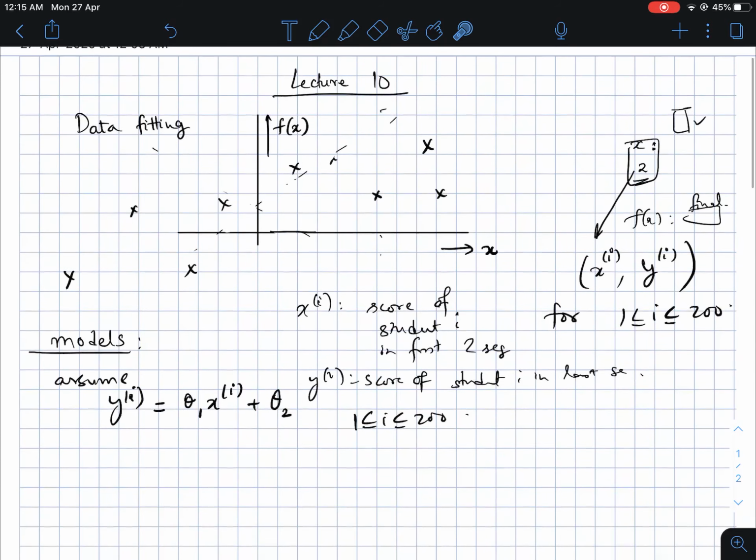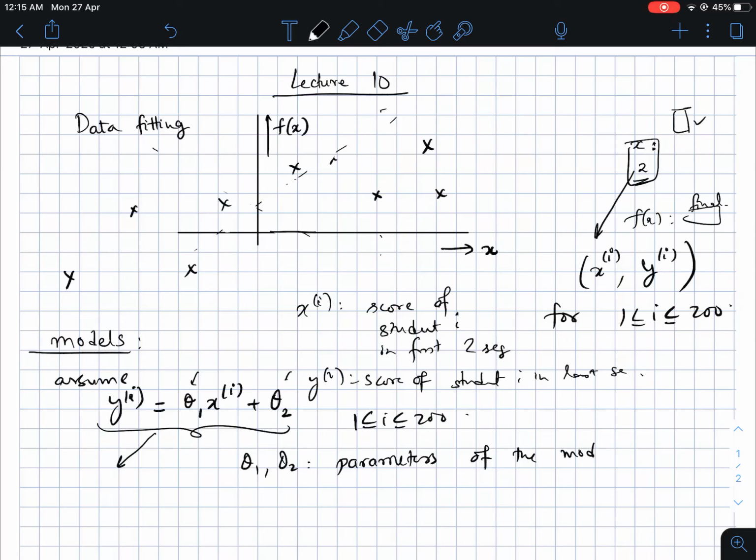So what I can try to do is assume that this model represents the relationship between xi and yi. The point is that I don't really know what theta 1 and theta 2 are. Theta 1 and theta 2 are called the parameters of the model.